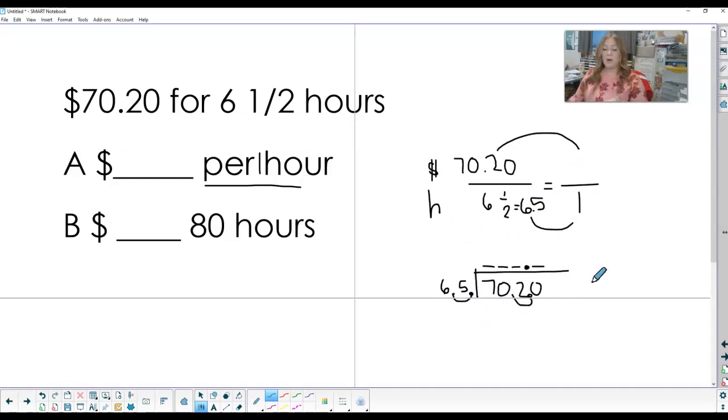Once we know the 1, that's going to tell us how much they make in 1 hour. Then we can take that and apply it to the 80 hours. So 1 to 80, we have to times by 80. So how much they make in 1 hour, we'll do the same thing and multiply by 80 there. So we have lots of ways to get to the same answer here.